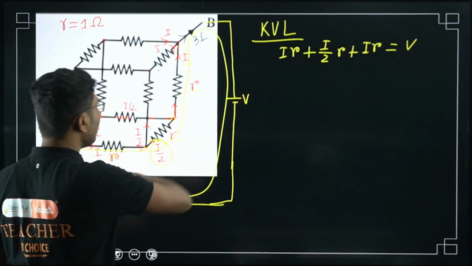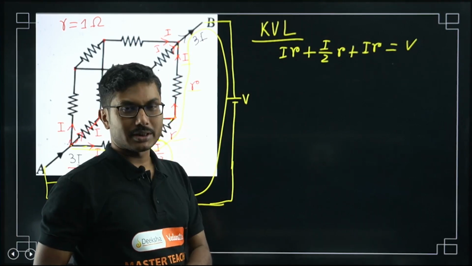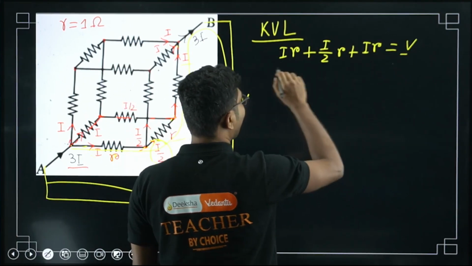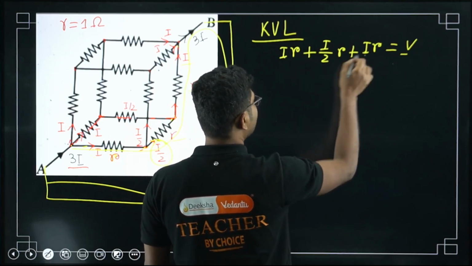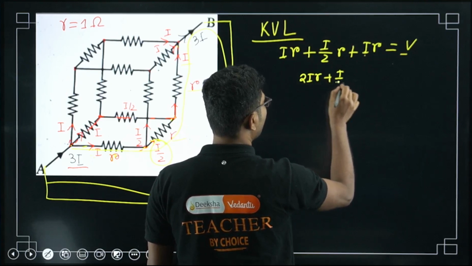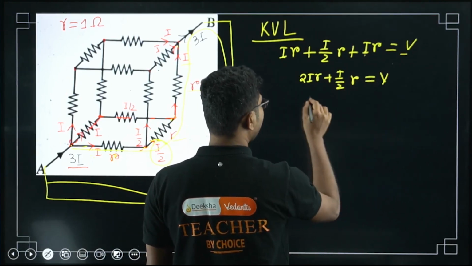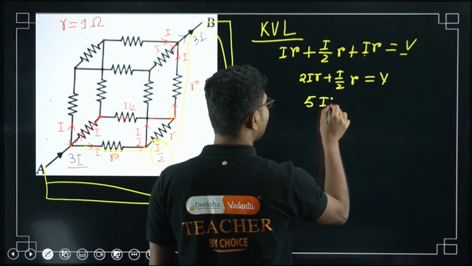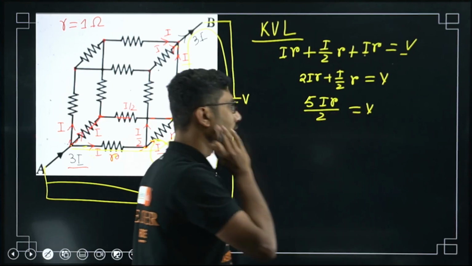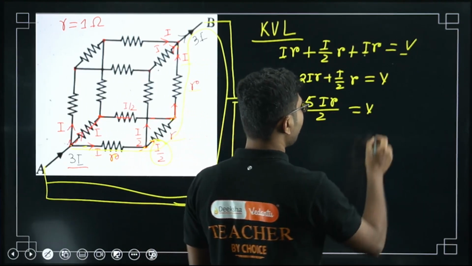That is Kirchhoff's voltage law. If you take the loop and there is a voltage source, and you add all the voltage drops across the resistances, then that will give you the external voltage source. Now add them: IR plus IR is 2IR, plus I by 2 R, equals V. Adding them, 5IR by 2 equals V. This is the part where you put the value of small r.